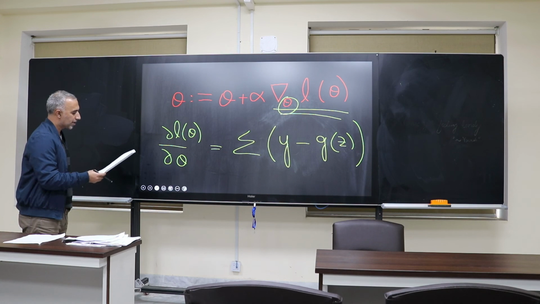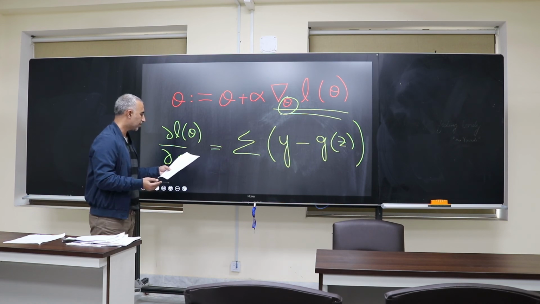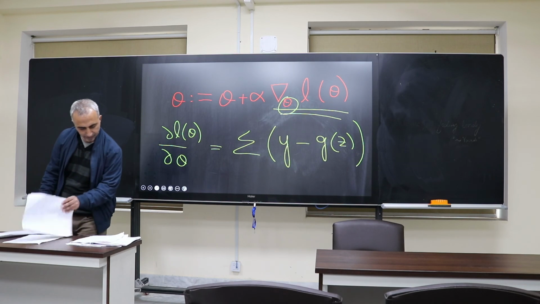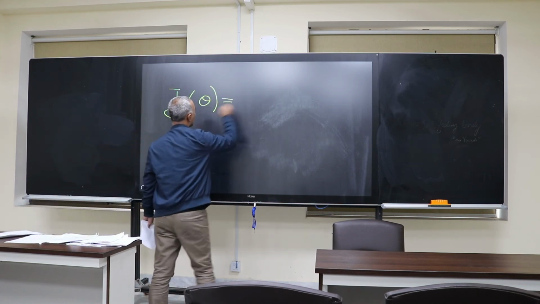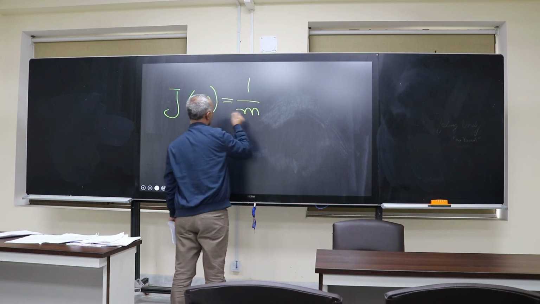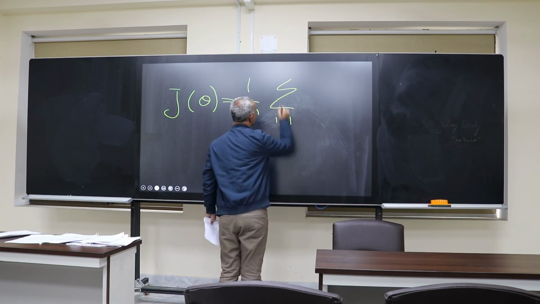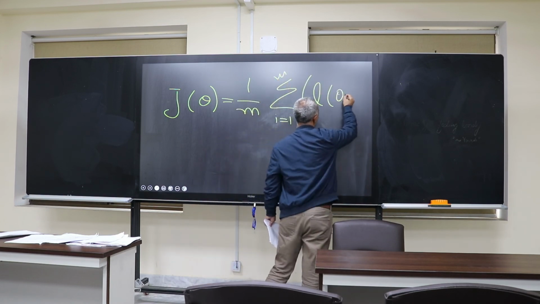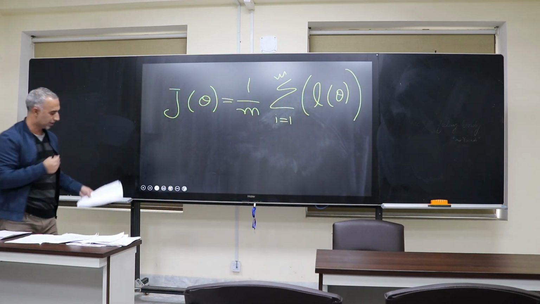You need to get the partial derivative of this with respect to theta, and this is somehow your cost function j of theta equivalent to 1 over n, if we are talking about n number of examples. So you need to get this cost function.